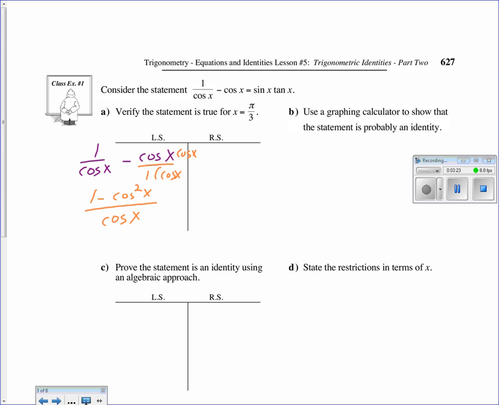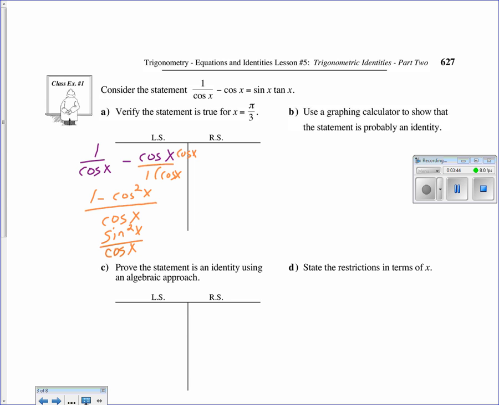And 1 minus cosine squared x is actually from my Pythagorean identity. 1 minus cosine squared x is actually equal to sine squared x. So this is sine squared x over cosine x. And I kind of know what I have to build. I have to build sine x times tan x.